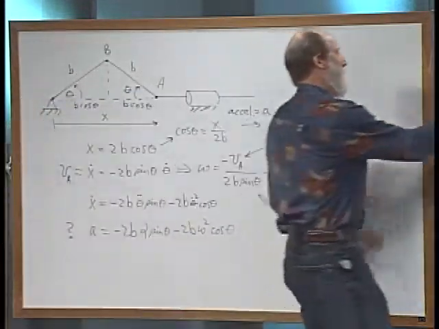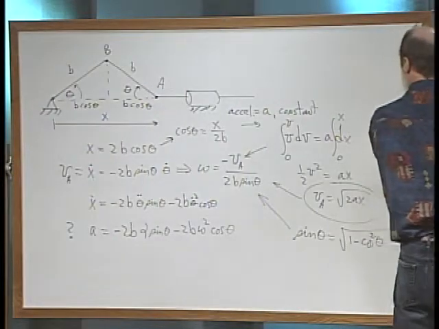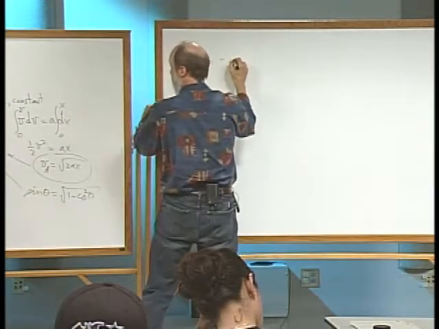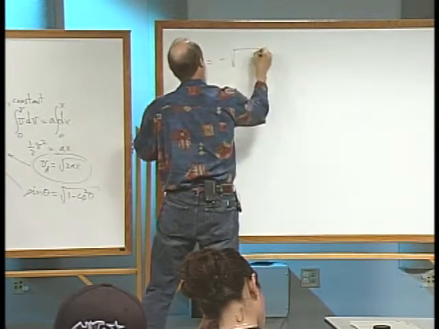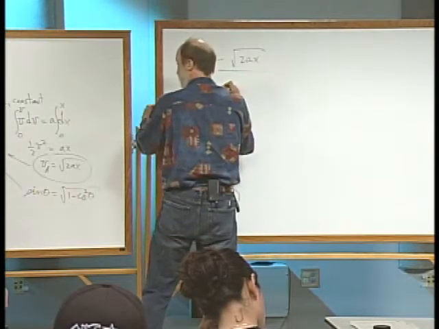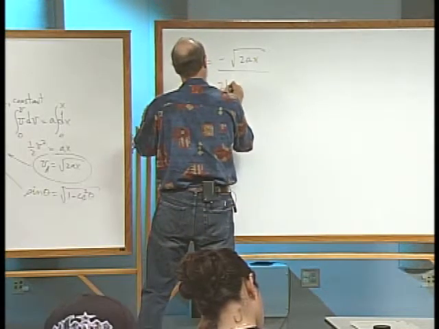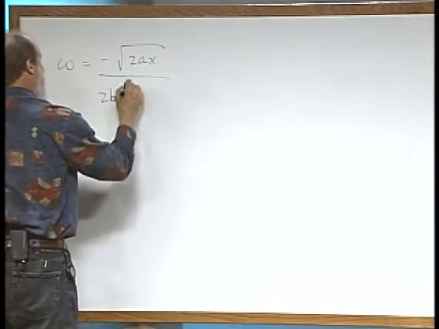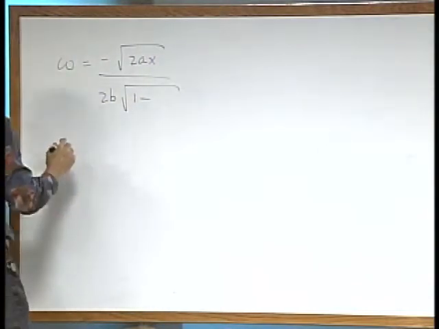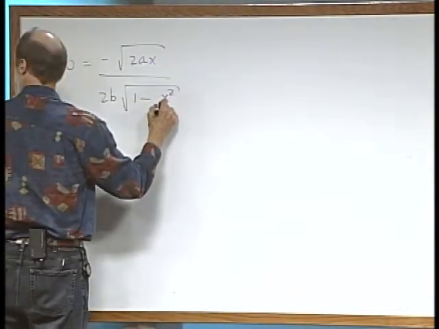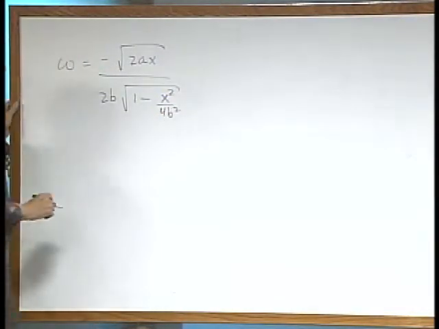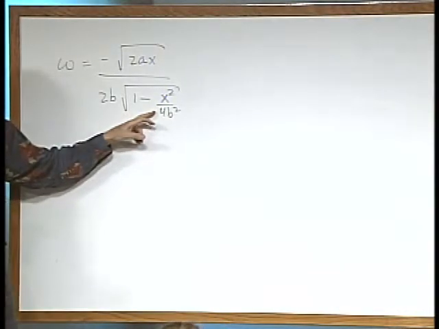And we get omega is equal to, I'm going to hang on to the negative for a second and then we'll talk about that when we get done. We're dropping in the VA expression, which is the radical of 2ax. Down below we're dropping in 2b and our expression for the sine, which is the radical of 1 minus the square of the cosine. But the cosine is now x over 2b, and we have to square that. So we get this.